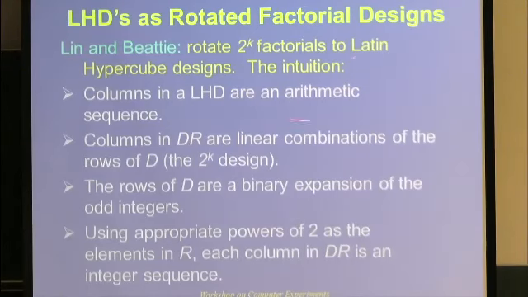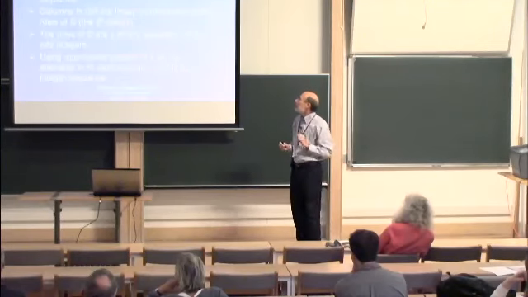If you want to rotate a 2 to the k factorial, and I'm thinking of a full 2 to the k factorial, into a Latin hypercube design, what you want to do is this. You think of the columns in a Latin hypercube design. What are they? Each of them is an arithmetic sequence.